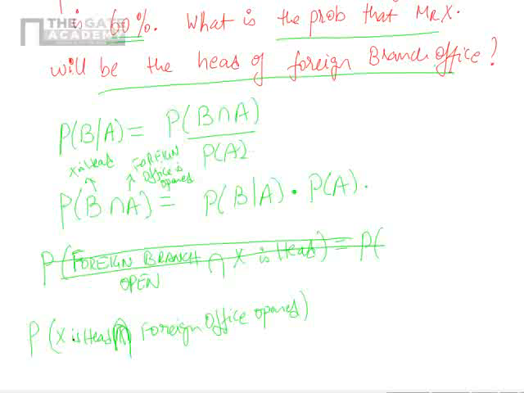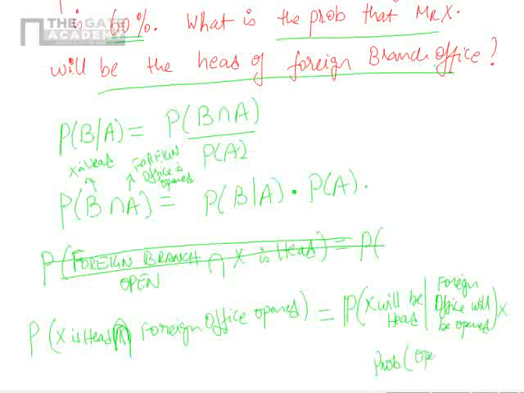So, X is head, intersection foreign office opened is nothing but probability that X will be head given foreign office will be opened, into probability of opening a foreign branch. Correct? These two figures are given to us in the problem.